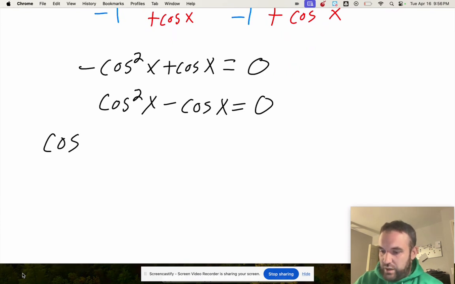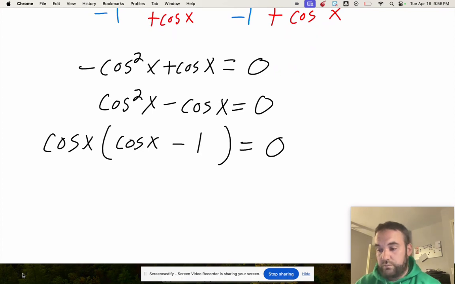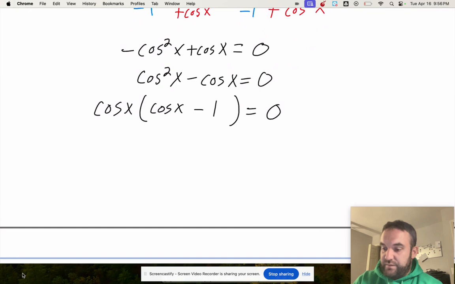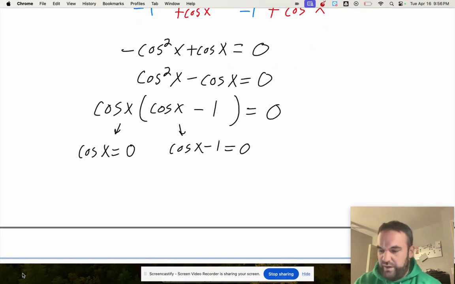So if I take a cosine of x out from both terms, what I'd be left with is cosine of x times cosine of x minus 1. And now that's in factored form, my question is, all right, where is cosine x equal to 0? And where is cosine x minus 1 equal to 0? Which is really asking, where is cosine x equal to positive 1?